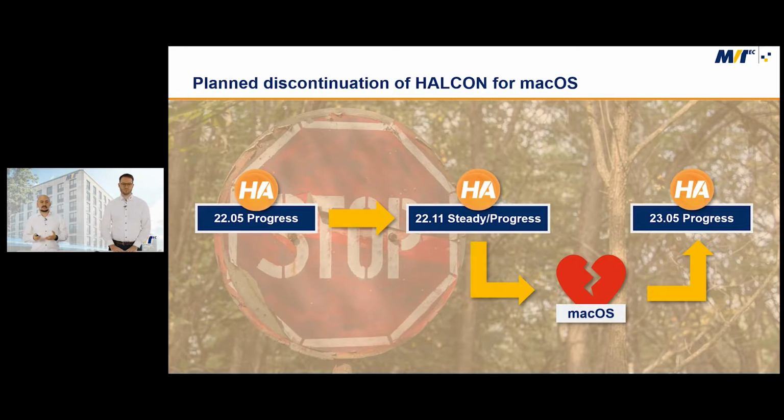So basically, as you can see on the slide, HALCON 2205 and HALCON 2111 Steady and Progress will support macOS, but HALCON Steady 2211 and Progress 2211 will most surely be the last versions which will support HALCON on macOS. 2305 most probably will not support HALCON on macOS anymore. This is one bad news at the beginning, and let's move on with the good news.